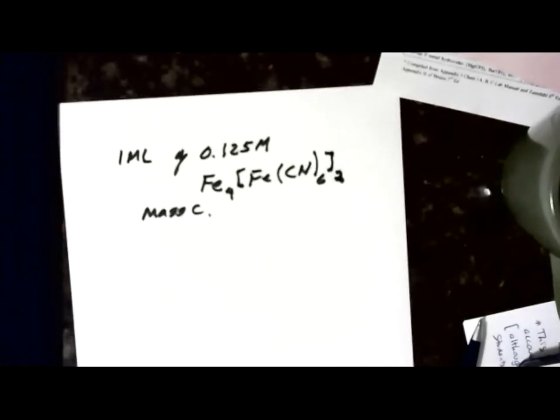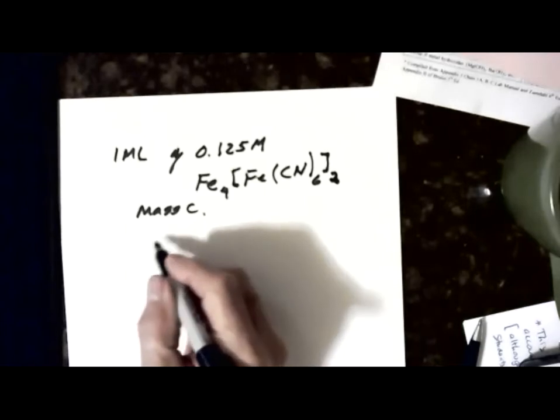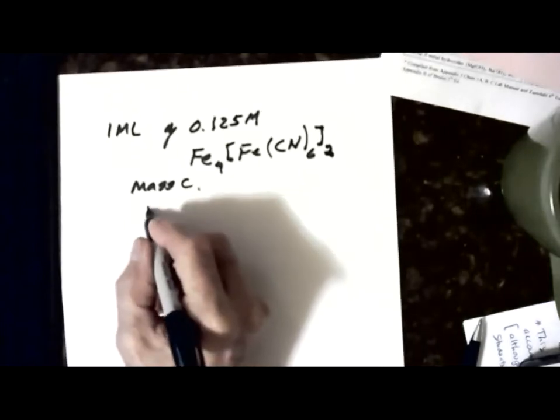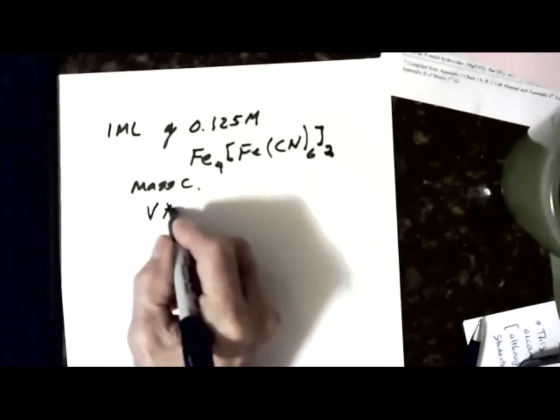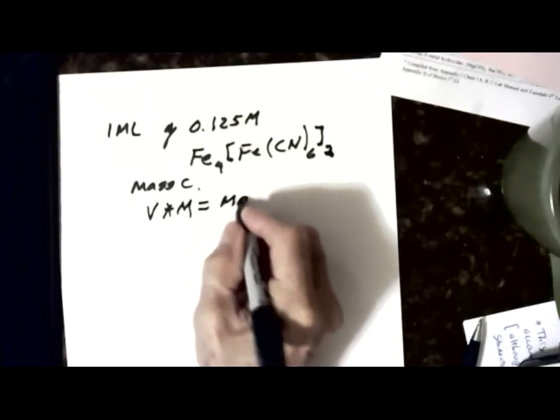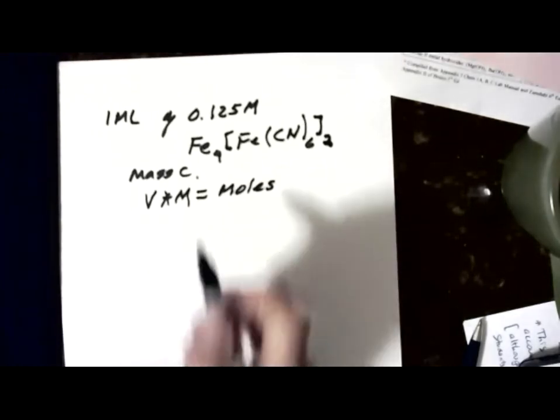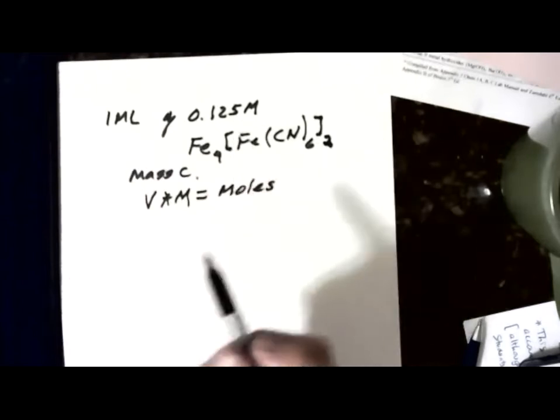And the problem we're working is what mass of carbon is contained in 1 milliliter of some molar solution. The relationship is volume times molarity is equal to moles. So we want 1 milliliter of that molar.